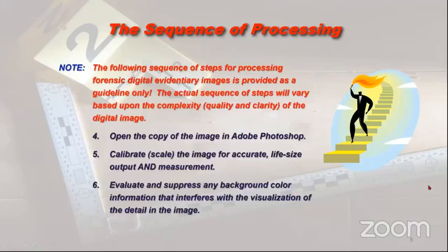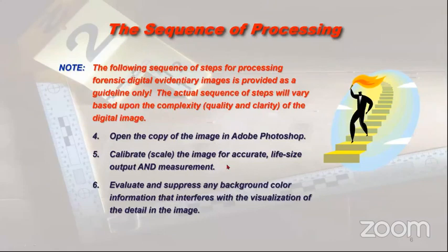Once you have your original images preserved, once you then have your copy of the image, you then open that image in Photoshop. And the first thing that you want to do is to calibrate the image for accurate life-size output and measurement.